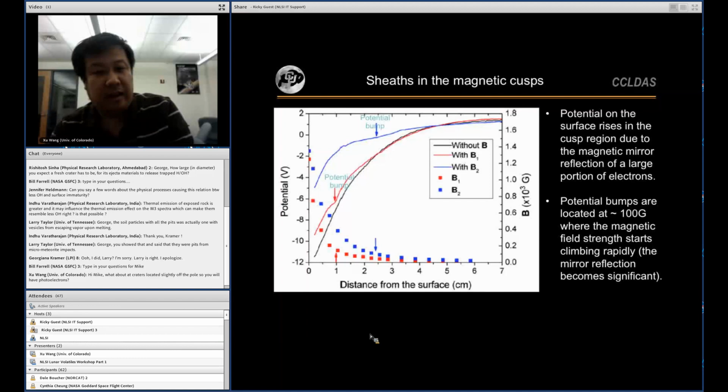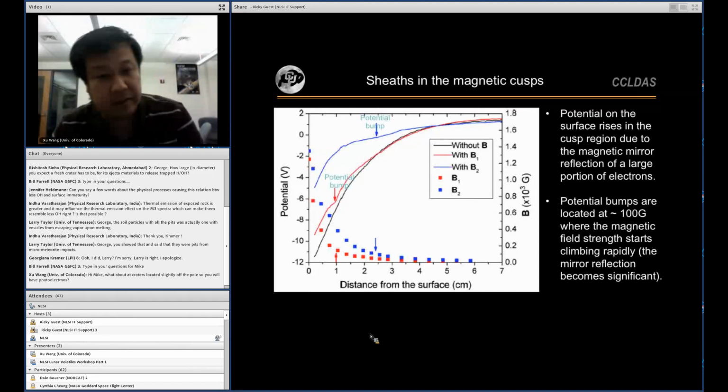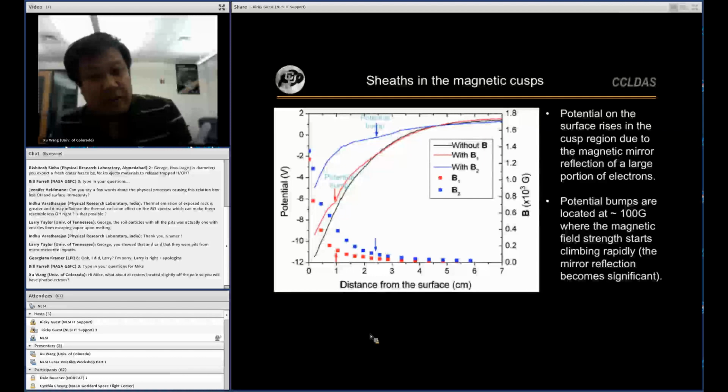And there are three potential profiles: the black one is without B field, and the red and blue correspond to the red and blue B fields. So it shows that the surface potentials in B1 and B2 are both more positive than without B. That's caused by the magnetic mirror reflection.